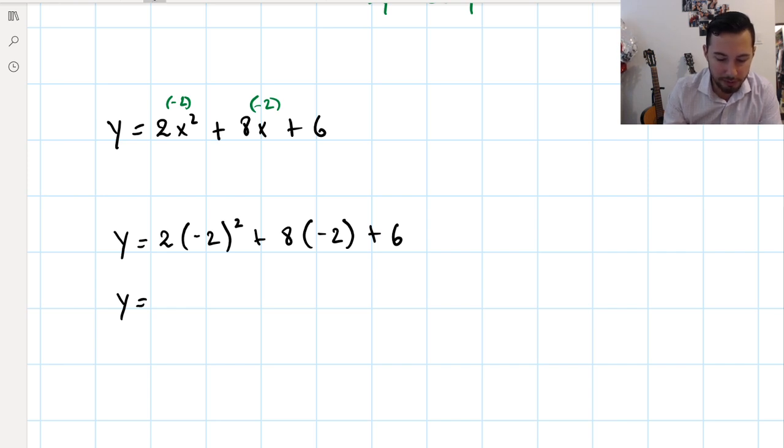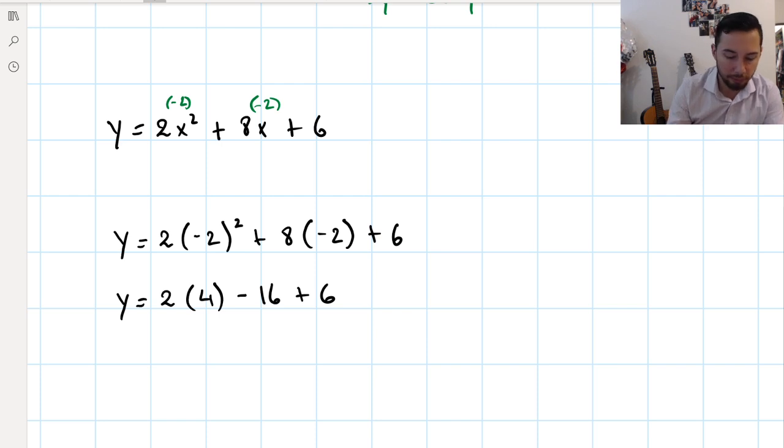So it'll be negative 2 squared, which will be negative 2 times negative 2, which will be 2 times positive 4, because a negative 2 times a negative 2 is a positive 4, plus 8 times negative 2. Well, 8 times negative 2 is negative 16. So that'll be negative 16 plus 6.